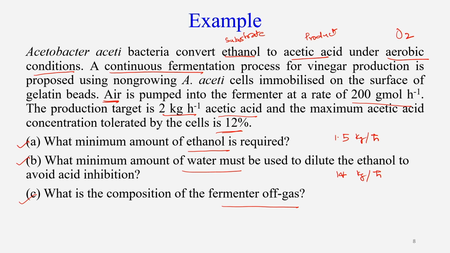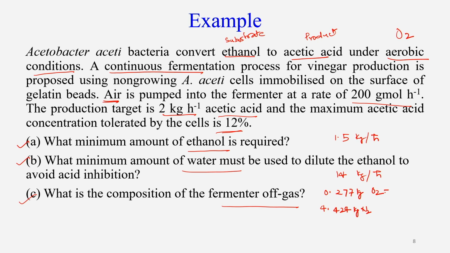And what is the composition of the fermenter off gas? Fermenter off gas we got 0.277 kg of oxygen, and nitrogen is unutilized, 4.424 kg of nitrogen.